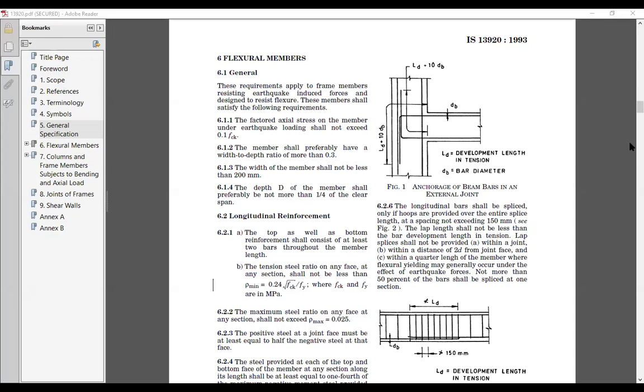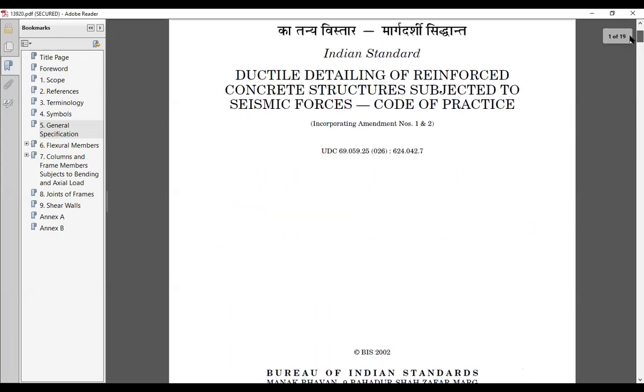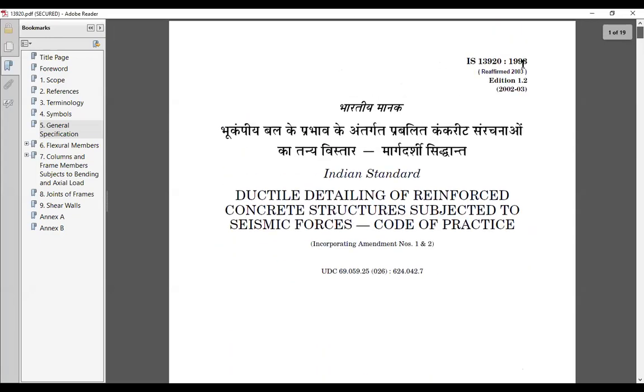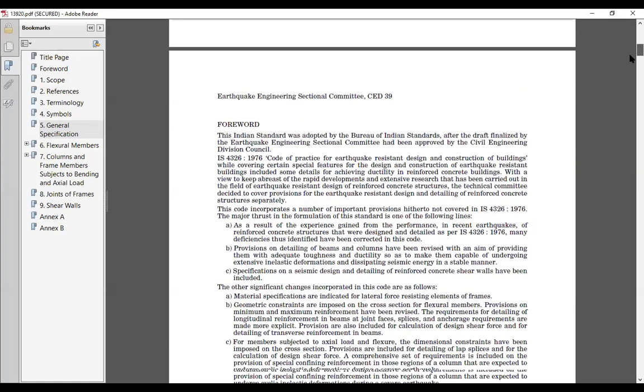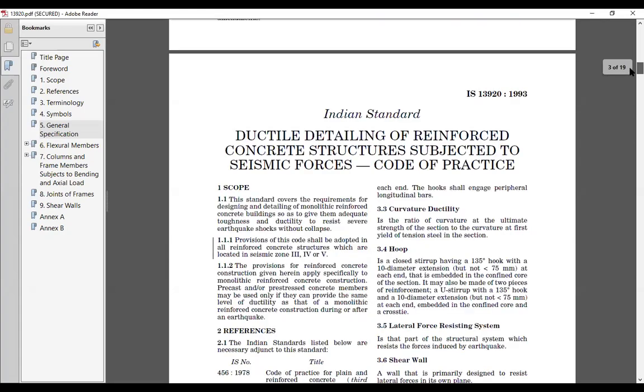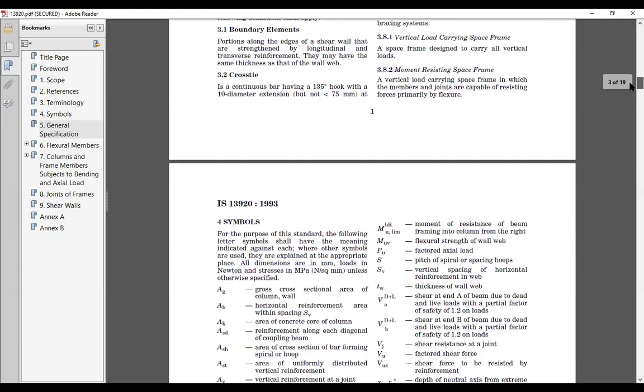So let us see that. Here you can see this IS code 13920 1993. It was reaffirmed in 2003. But now we have the latest code, which is 2016.